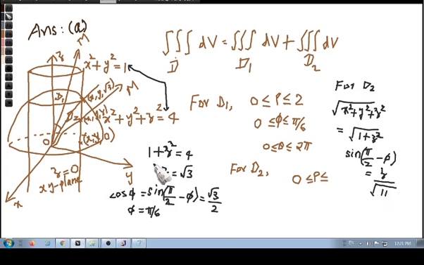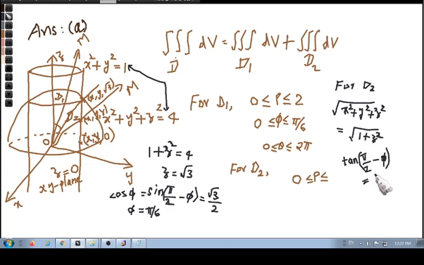So tan pi by 2 minus phi is equal to opposite side by adjacent side.